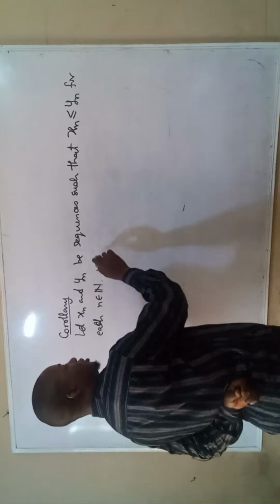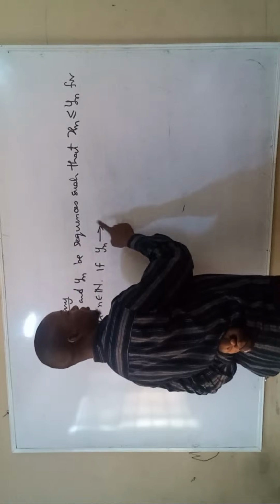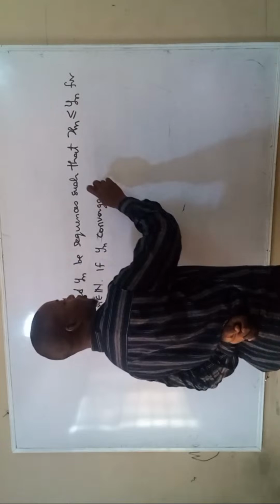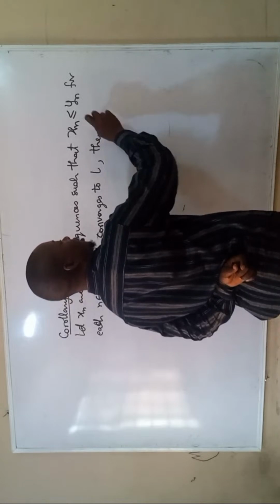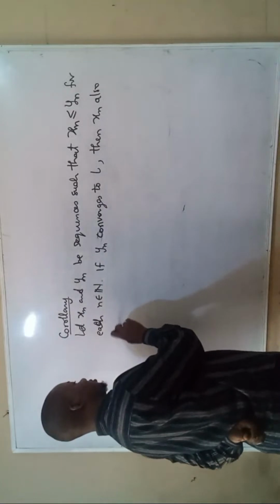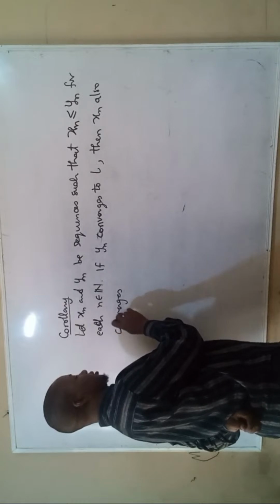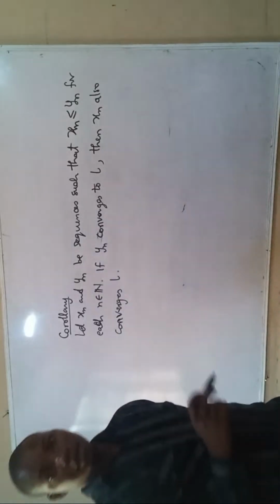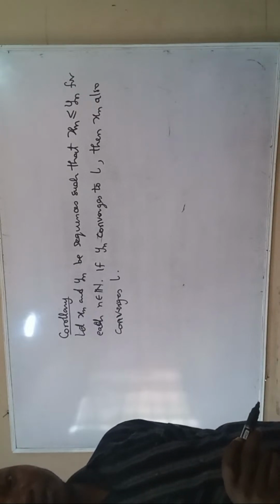So this one says if yn converges to L, then xn also converges to L as well. And the proof is similar to the theorem we have earlier.